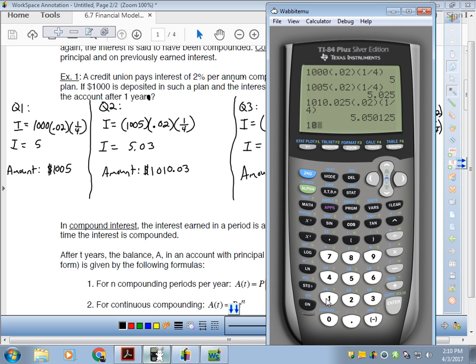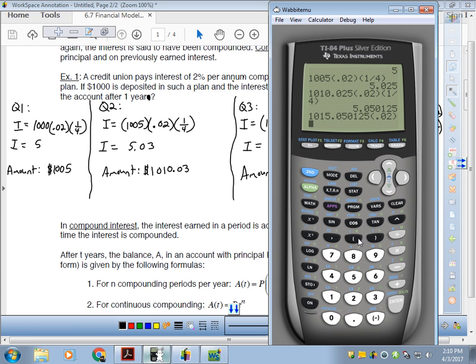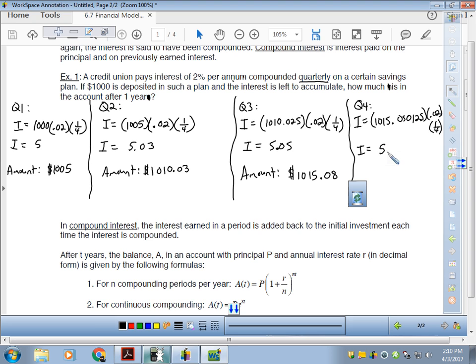And so that gives us 5.08. And so we're going to add that into the amount we had.